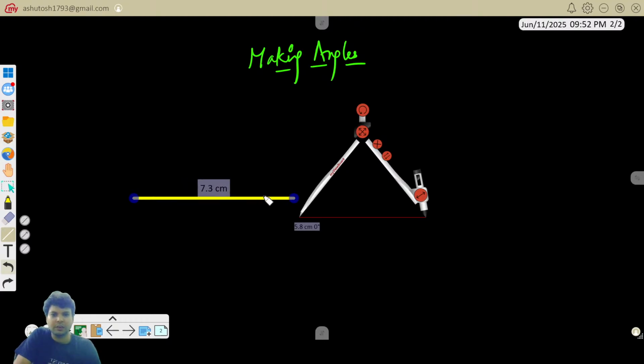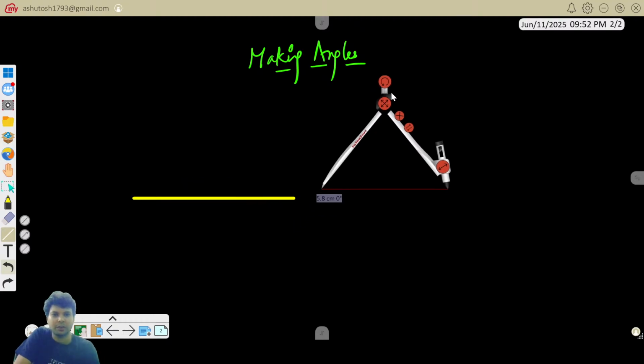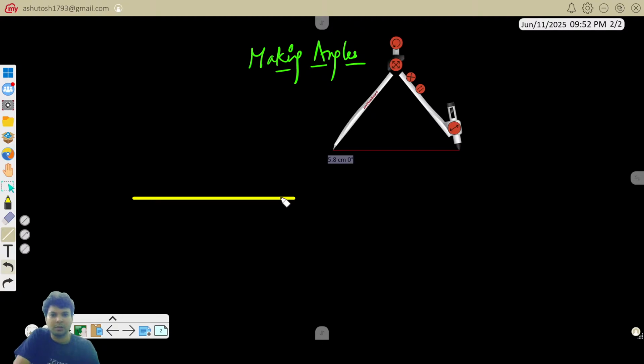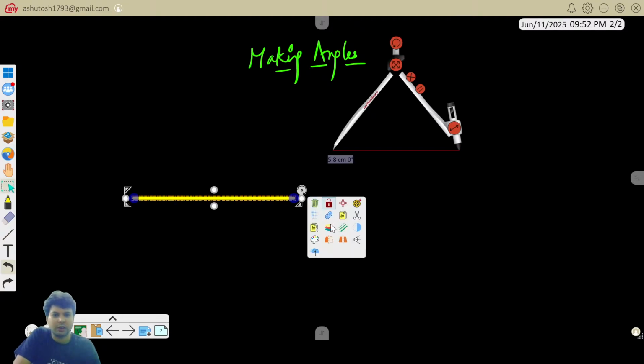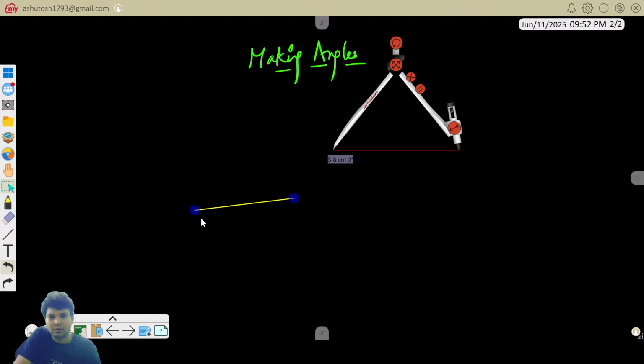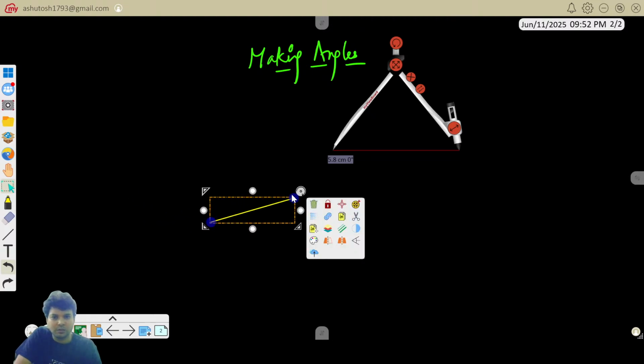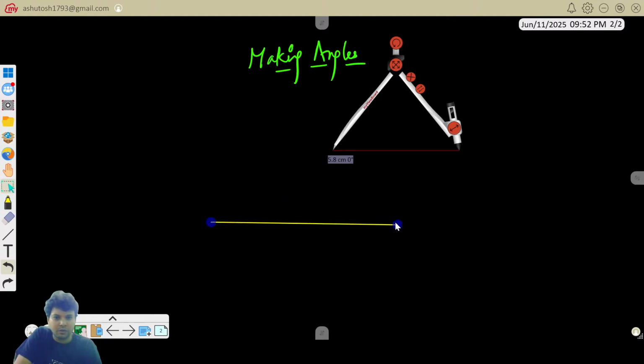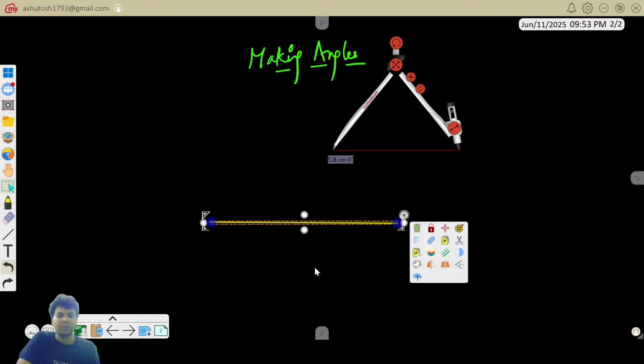Based on that line segment, we will be making something with the help of the compass. It's again a thick line, so we have to reduce that thing. So generally, you have to use a pencil which is... okay. This we have done.